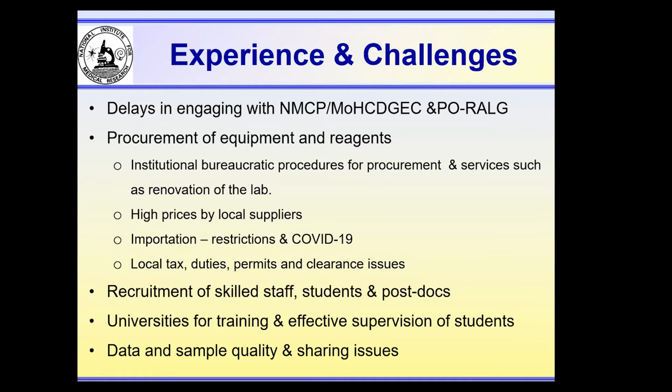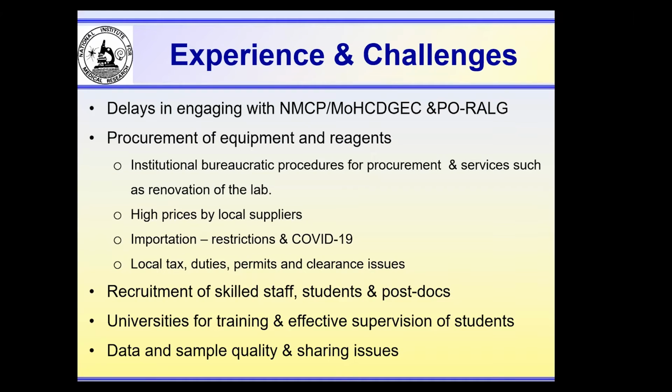So we have gathered lots of experience working together. We had delays engaging NMCP, but it finally worked. We are encountering problems with the procurement of equipment and reagents. These are common in most of the sites in Africa, but we are working on that. We have had lots of problems with the recruitment of students and staff, which we sorted out.